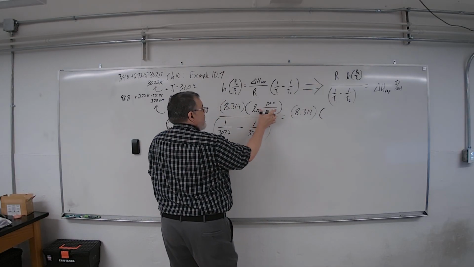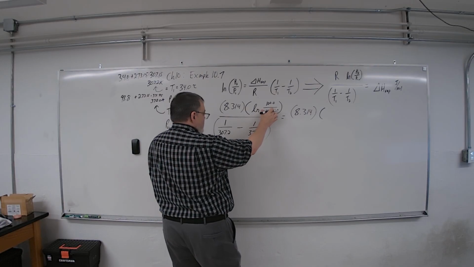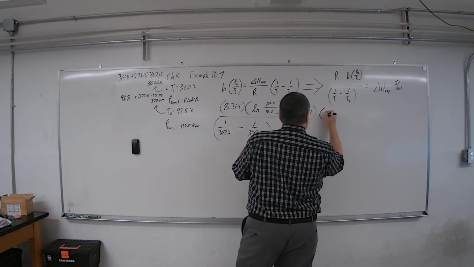So you do that division first and you get 10, and then you find the natural log of that 10, and I get 2.3.